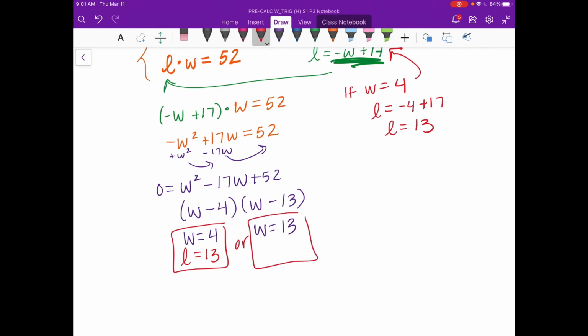Or if I have a width of 13, think of it, we're going to get a length of 4. So it's the complete opposite. You can have a rectangle essentially that is 4 by 13, or a rectangle that's 13 by 4. Okay, so these are your answers, just showing both options that the length and the width could just switch.